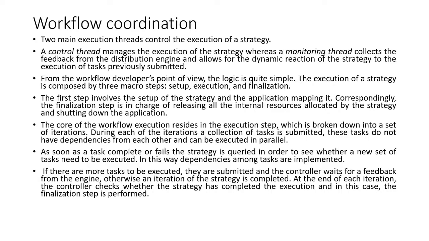If there are more tasks to be executed, they are submitted and the controller waits for the feedback from the engine. Otherwise, an iteration of the strategy is completed. At the end of each iteration, the controller checks whether the strategy has completed the execution and, in case, the finalization step is performed.